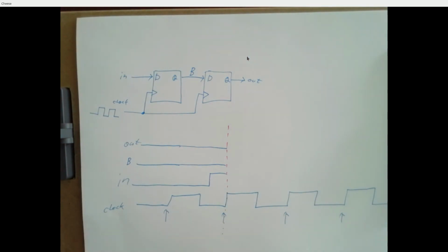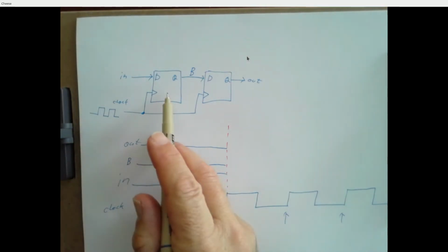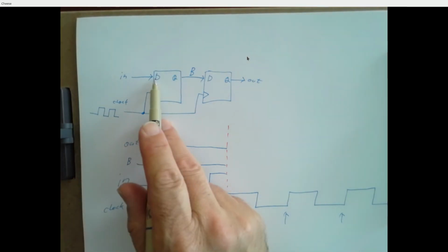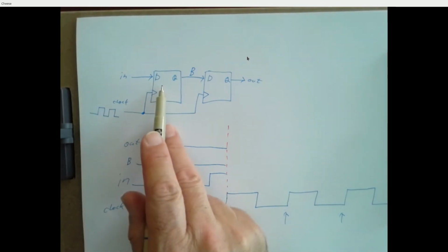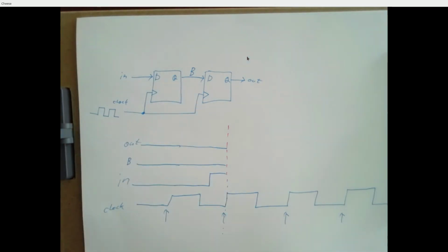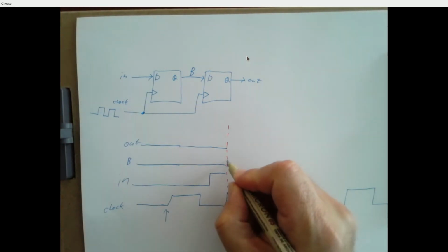So what changes in our system on that rising edge? Just B. This first flip-flop, the input is 1, it has been 1, so we have a 1 on the D input, and when the clock rises, we're told Q is going to change in response, so B is going to go high.